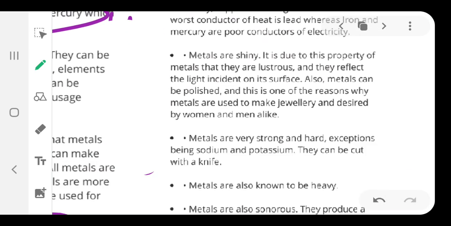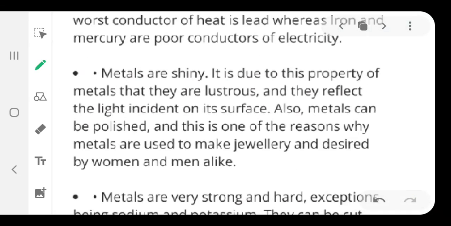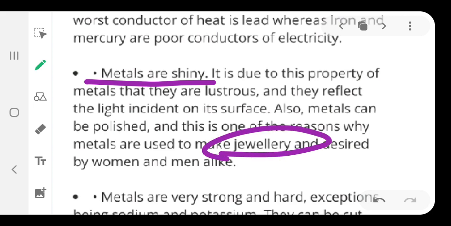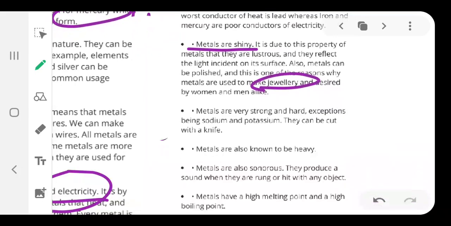Then metals are lustrous, as I have told you, so they are shiny in their appearance, and that's why we have jewelry made up of gold and other metals, because they are lustrous. Then they say metals are very strong and hard, as I have told you.